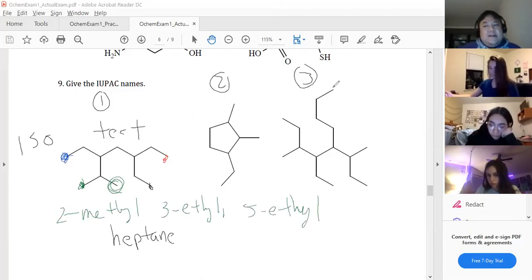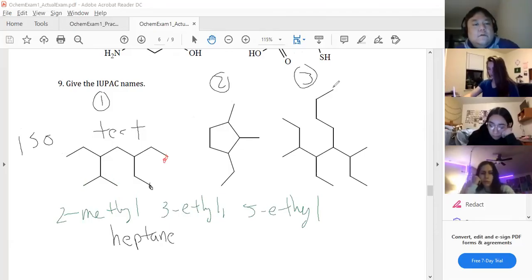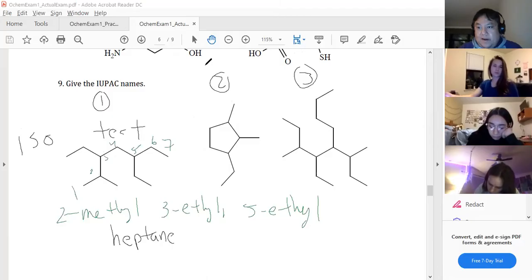What was the one piece of advice I gave you guys yesterday to help you out when you are doing your numbering and your naming? Be consistent. Be consistent with how you're doing it. Also, number your drawing. 1, 2, 3, 4, 5, 6, 7. That way, whatever TA is grading your tests will see what you're thinking. And they can say, oh, this was the long chain that they did. Then they'll be able to say, I know exactly what such and such was thinking, right?